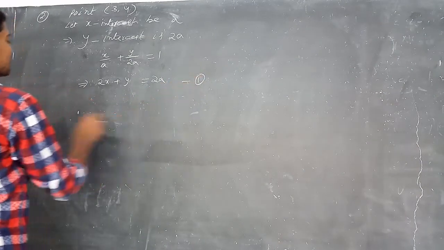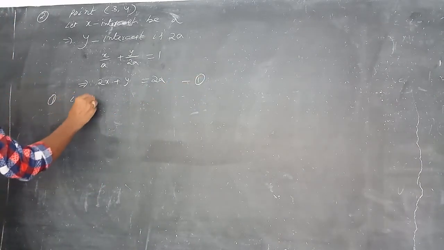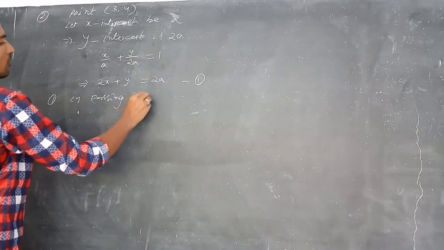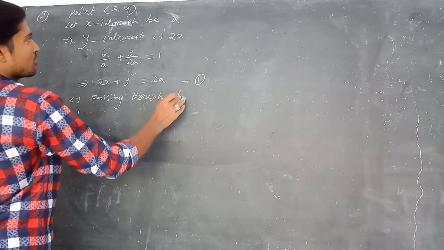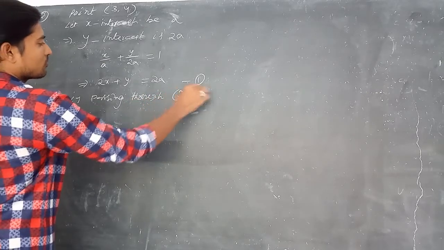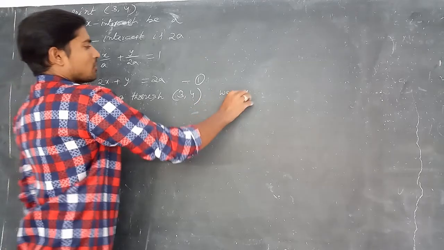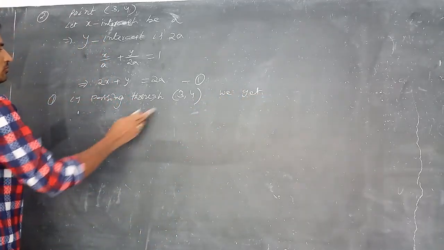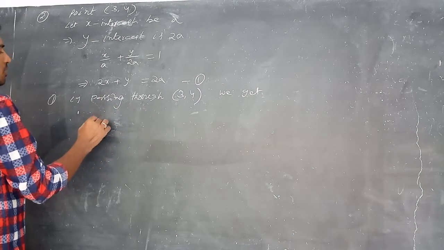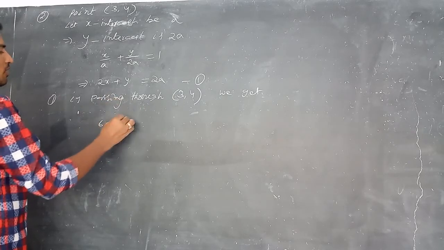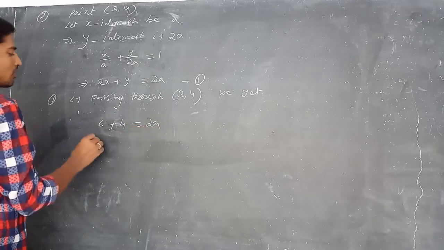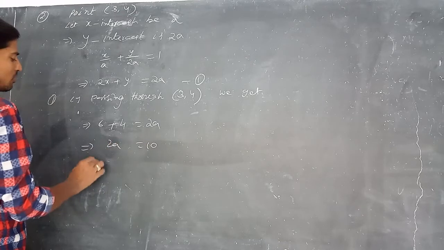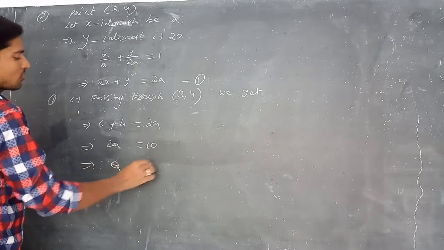Substituting 3, 4, we get 6 plus 4 equal to 2a, 2a equal to 10, a equal to 5.